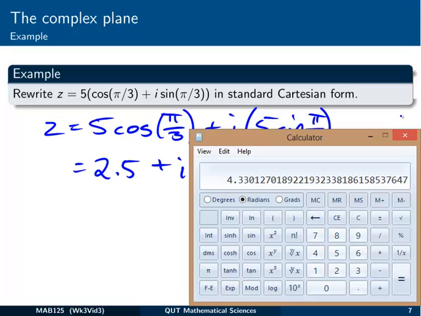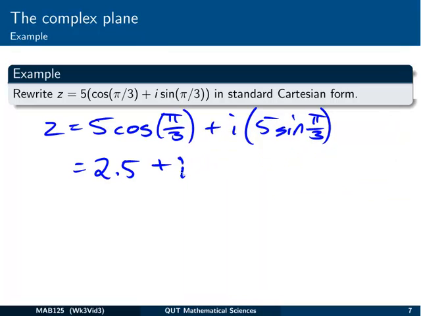So about 4.33i. If you want to use the exact values for sine pi on 3, that's quite okay, go ahead and do that, but the decimal is also fine for our purposes. So that's our standard Cartesian form for this number 5 cos pi on 3 plus i sine pi on 3.